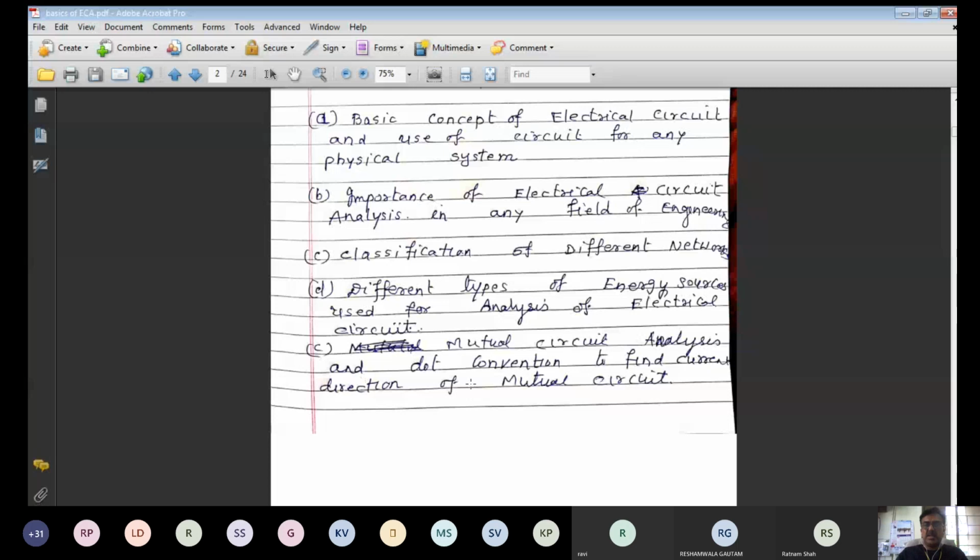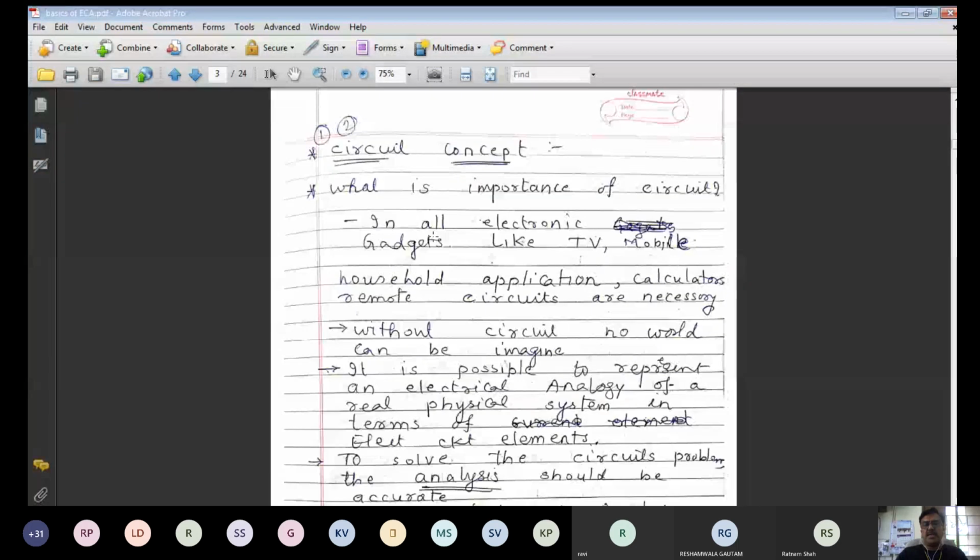Now the next, the first point we already took, the circuit concept. Now what is the importance of the electrical circuit? We know that in all electronic gadgets like TV, mobile, you just name the gadget, we have a circuit in it. Then any household application also has electrical circuits.